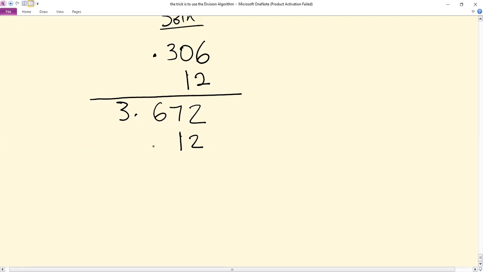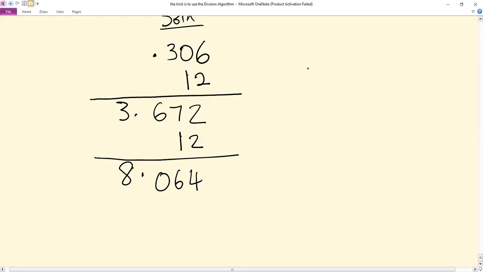So the next answer will be given by 0.672 times 12, not 3.672. So 0.672 by 12 gives you 8.064. Remember, these integer parts are the ones that are going to form our solution.